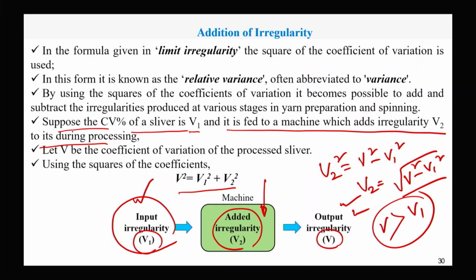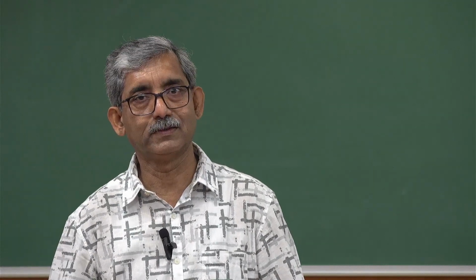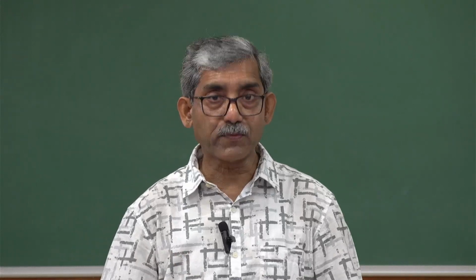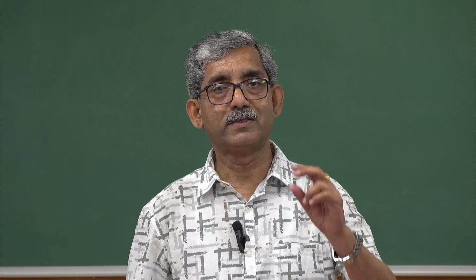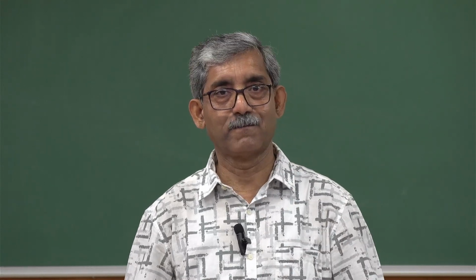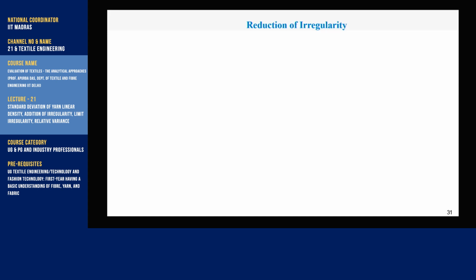This may be carding, draw frame, speed frame, ring frame; everywhere we add CV during drafting. In the draw frame, in addition to the drafting, another thing happens where CV reduces. That is the reduction of irregularity, and that is done only by doubling.